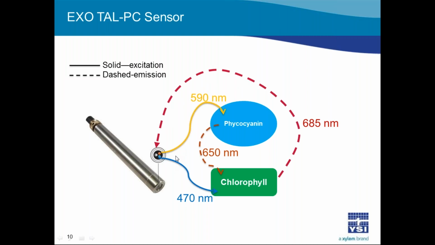So by alternating the excitations from the sensor, we can actually subtractively determine the concentration of phycocyanin versus total chlorophyll by the difference we get when we use these different wavelengths of light to excite the pigments.